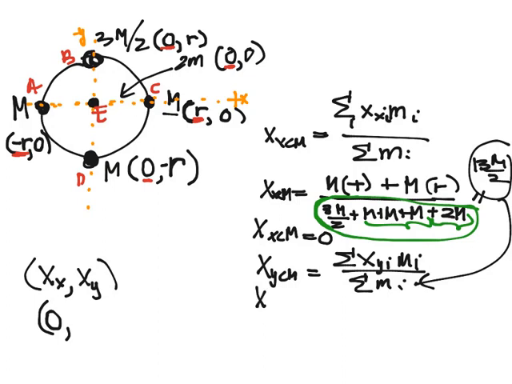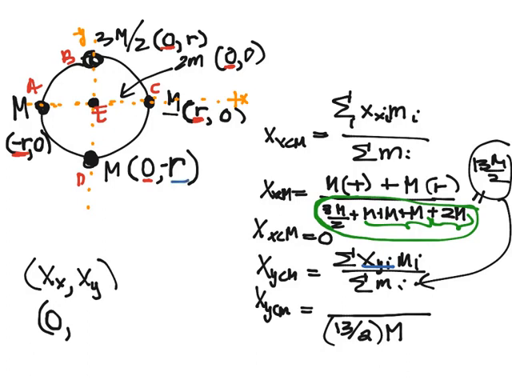And I'm going to take that and put it directly in here. So I have ycm equals some stuff divided by 13m over 2. And I only need to worry about the objects that have a non-zero y value for their position.